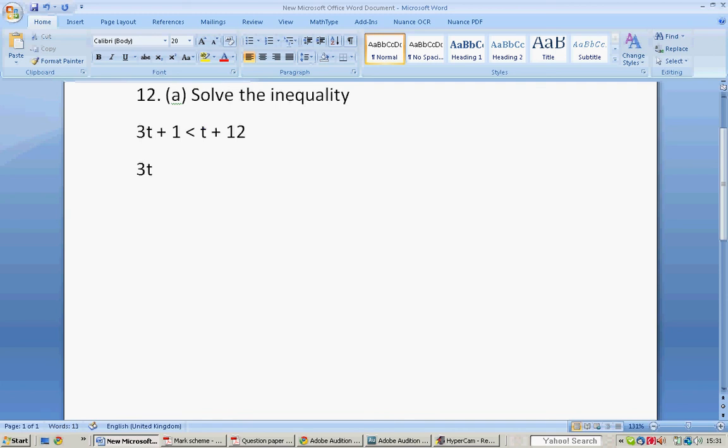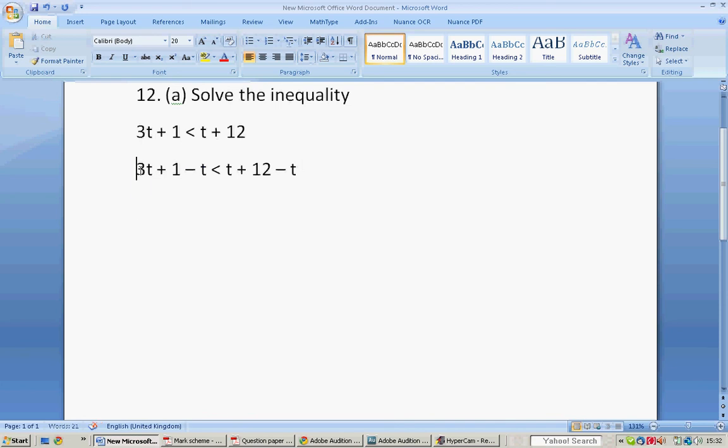So 3t plus 1 minus t is less than t plus 12 minus t, because what we do to one side we must also do to the other to keep everything the way it is. I've simply subtracted t from both sides of this inequality. So I'm just rearranging it.